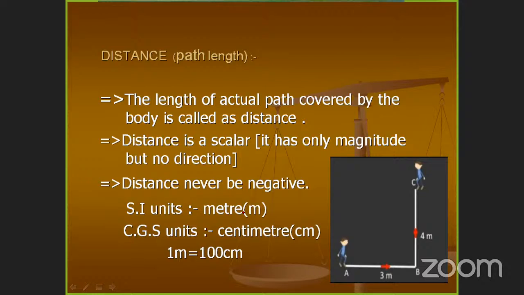The SI unit of distance is meter. We indicate it with a small letter m. The CGS unit of distance is centimeter, cm, small c, small m. 1 meter is always equal to 100 centimeters.